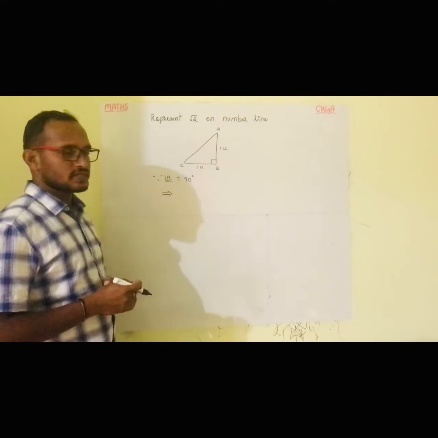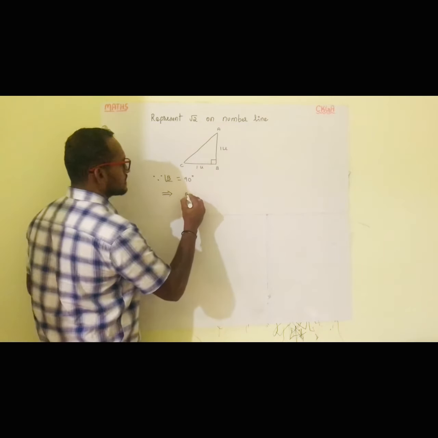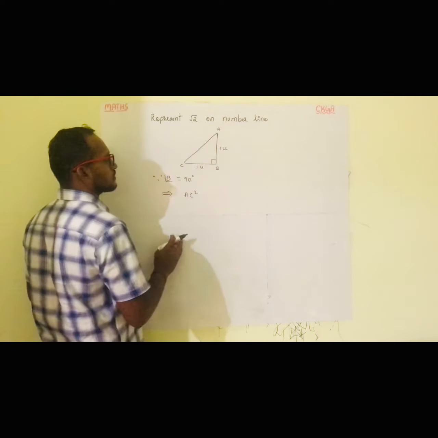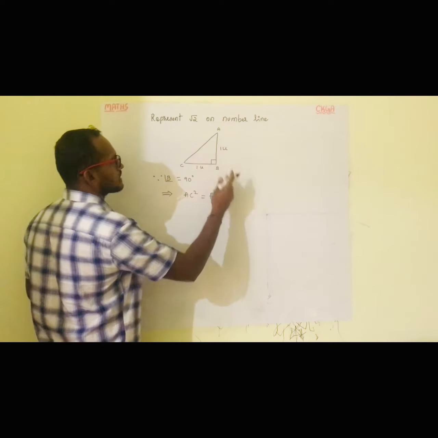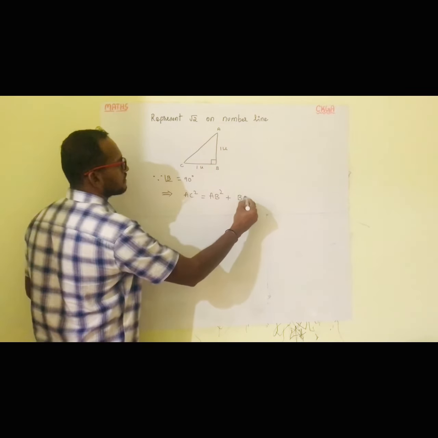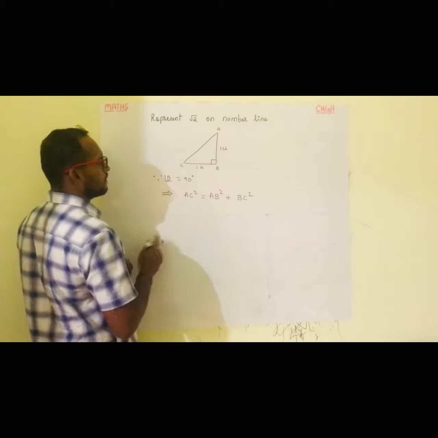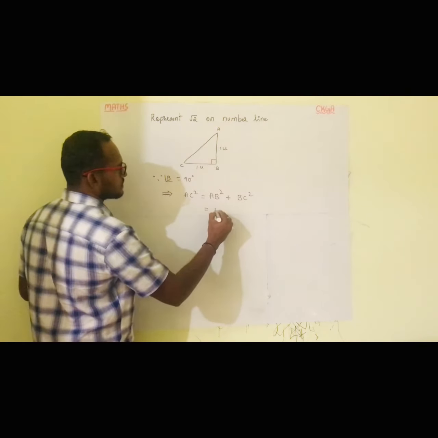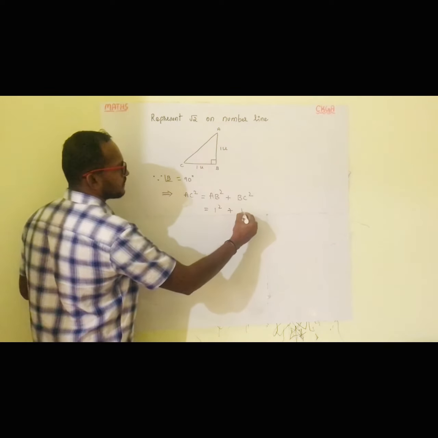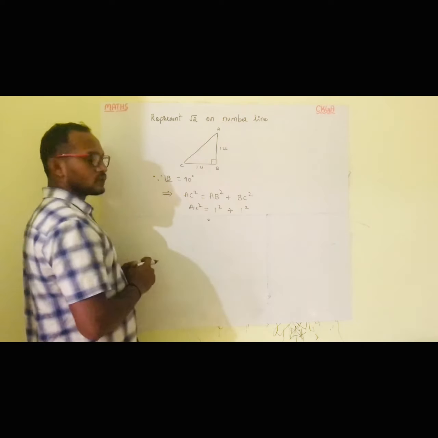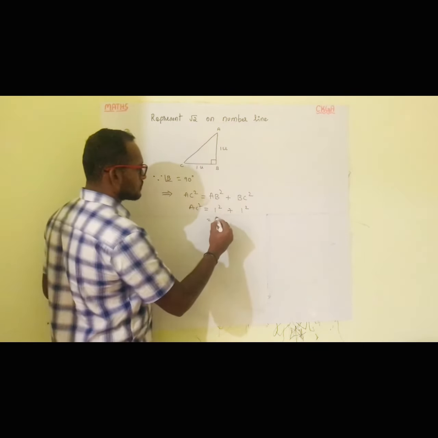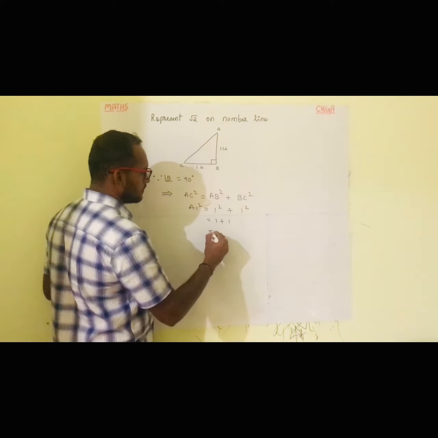The square on the hypotenuse is equal to the sum of the squares of the other two sides: AB square plus BC square. AB is 1 unit and BC is 1 unit, so AC square is 1 square plus 1 square, which is 1 plus 1, that is 2.